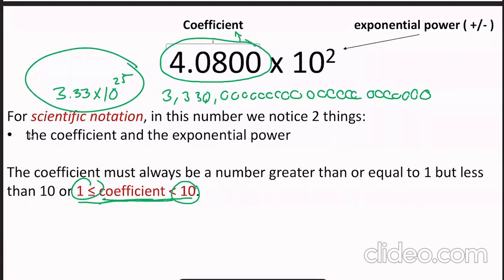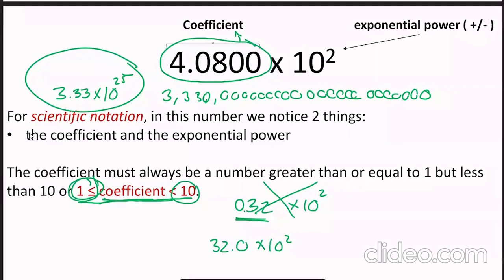So if I write the value 0.32 times 10 to the 2, well, is this proper scientific notation? Well, 0.32 is less than 1. So that is not acceptable scientific notation. 32.0, well, let's take a look.